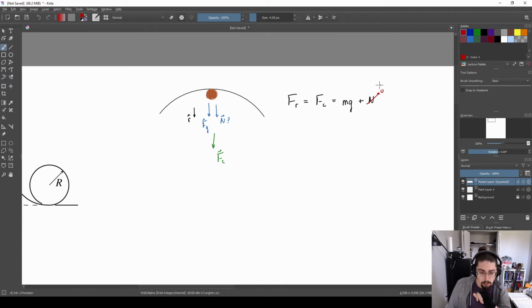What is my centripetal force here? More specifically here, what is my radius? Which radius do I use? R's on the right track, but it's not exactly the circle that we're looking at.